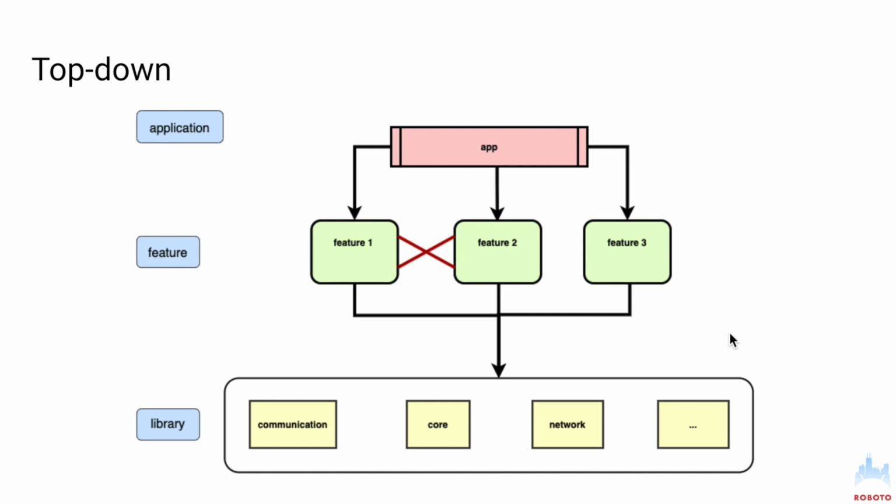So with this approach, you will see the app is the highest level here. It's broken down into features, and the features share some common functionalities that we call libraries. In this case, we have some communication, core and network to be used across the app.